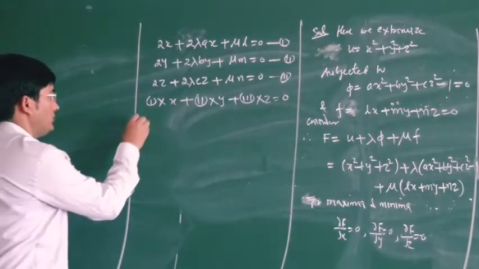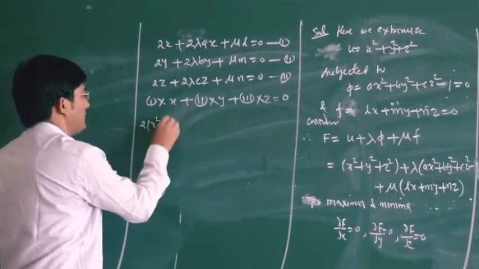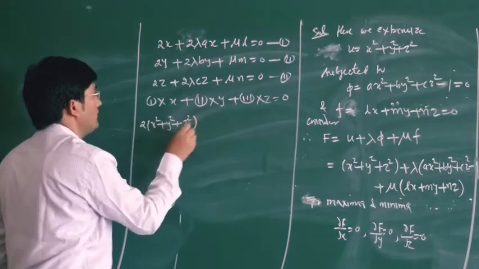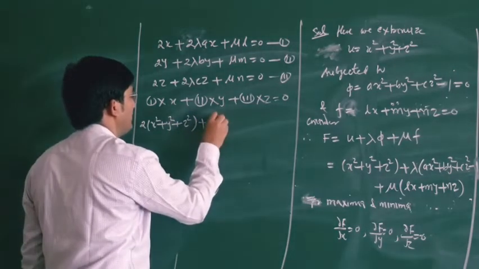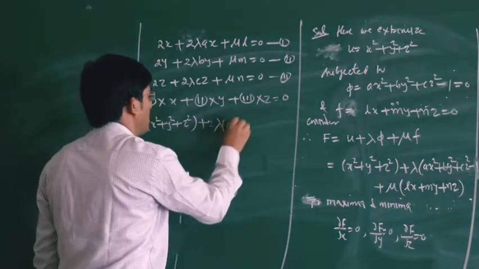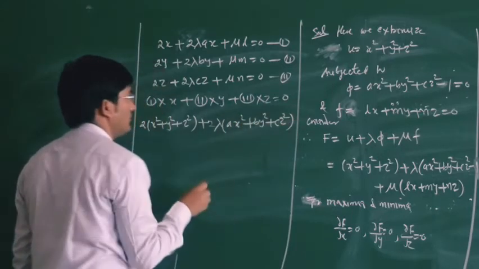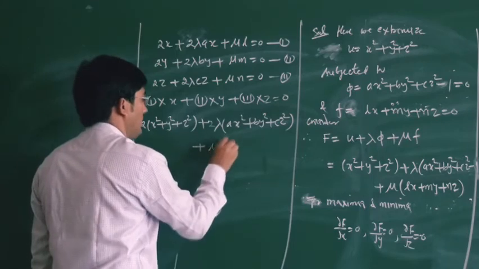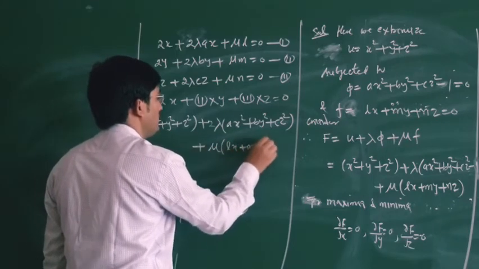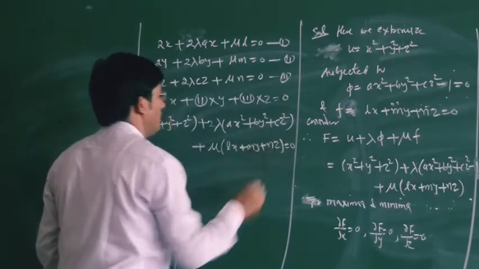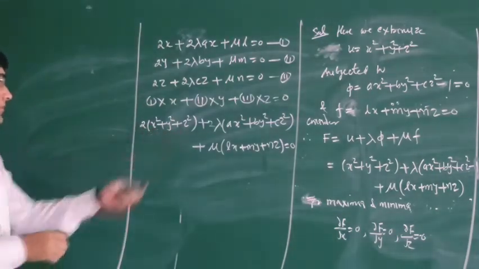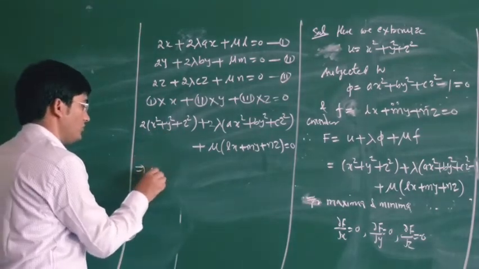So we will get 2 times x square plus y square plus z square plus 2 lambda times ax square plus by square plus cz square, and then mu times lx plus my plus nz. Now this is your u, so we have 2 times u.